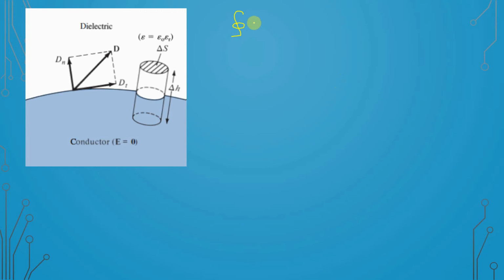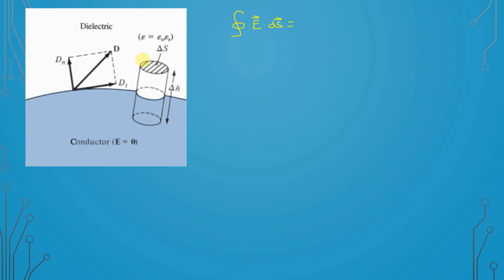Is the integral of E dot ds equal to 0? No, it is not 0 here. We have assumed a surface which is in the dielectric medium, oriented in such a way that some part of the surface is in the dielectric medium. So we cannot say that it will be equal to 0.